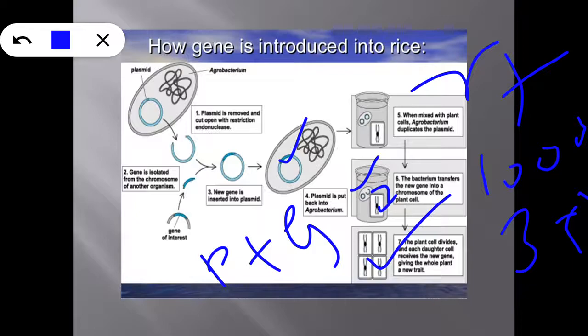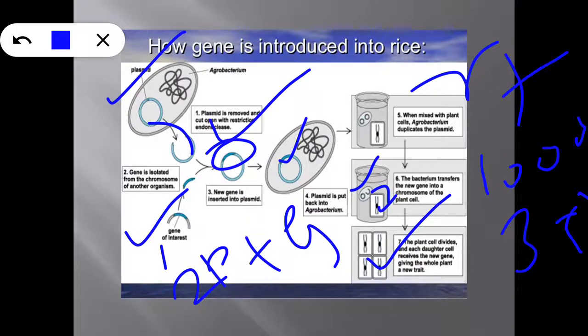So once again I am going to repeat. This is the agrobacterium. From the agrobacterium, the plasmid is isolated. The plasmid is cut open by using enzymes, and in this plasmid the desired genes, gene 1 and gene 2, are ligated, and next the plasmid is introduced into the agrobacterium. Agrobacterium is allowed to infect the plant cell, and here the bacterium is infecting the plant cell.